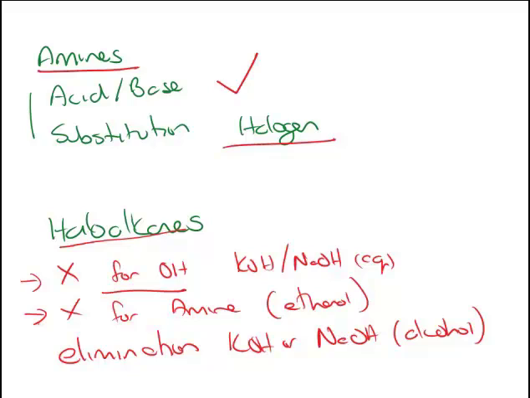So you can substitute that for an OH in aqueous conditions, and you can substitute an X for an amine if it's in ethanol, and an elimination reaction can also be done in alcoholic conditions.